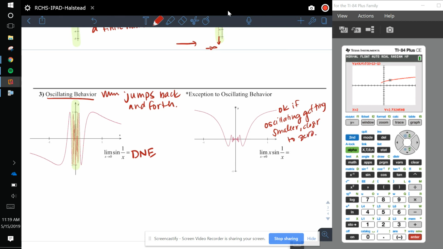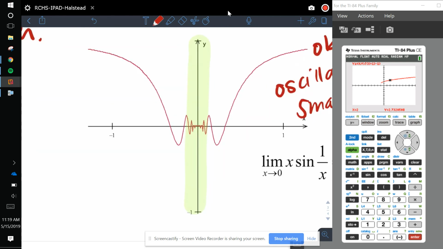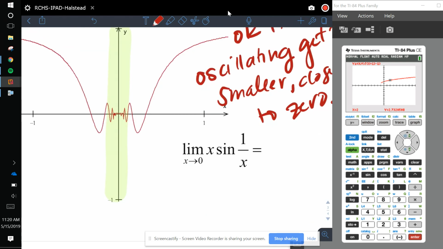In this case, the limit as x approaches 0 of x sine 1 over x actually oscillates back and forth, but you can see that the values are getting closer and closer to 0. So we actually get a limit of 0 here.